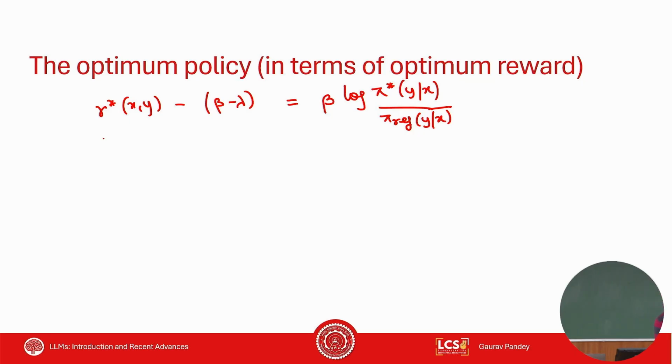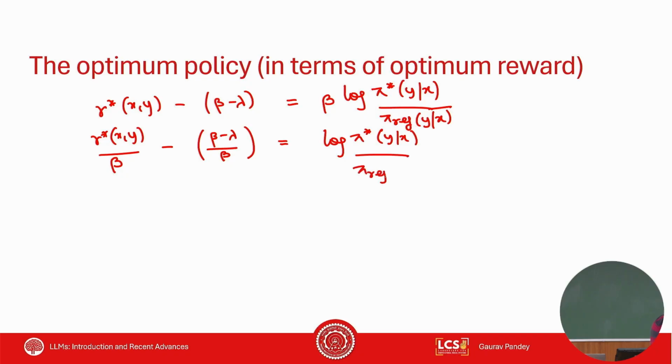And let's divide by beta. So r star x comma y by beta minus (beta minus lambda) by beta is equal to log of pi star over pi ref.